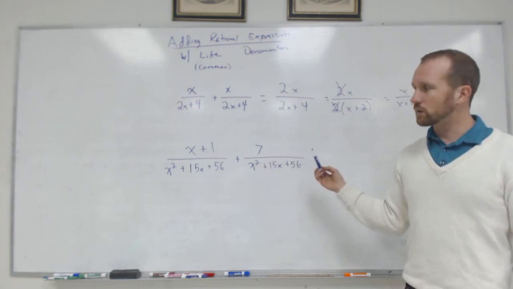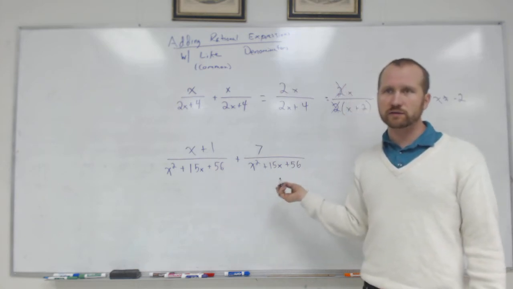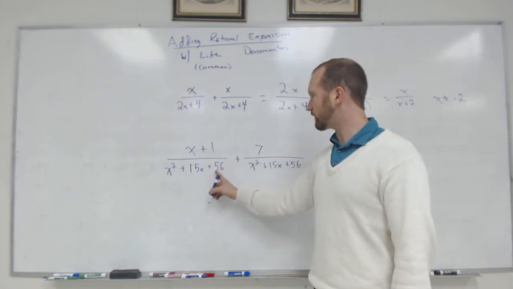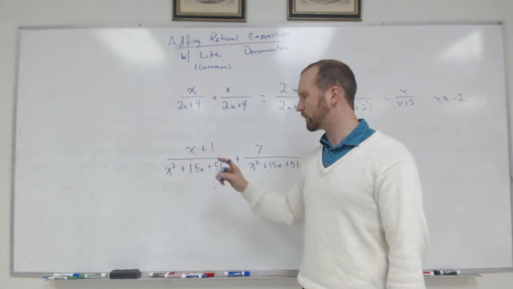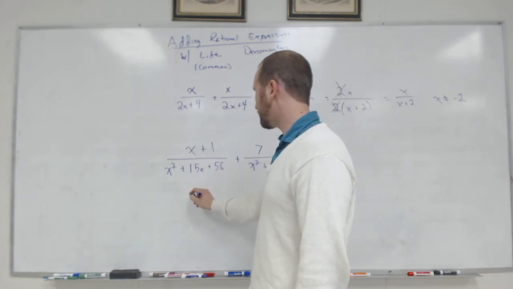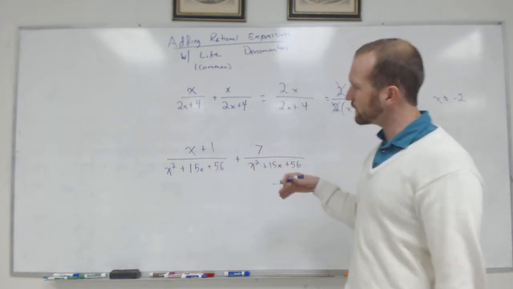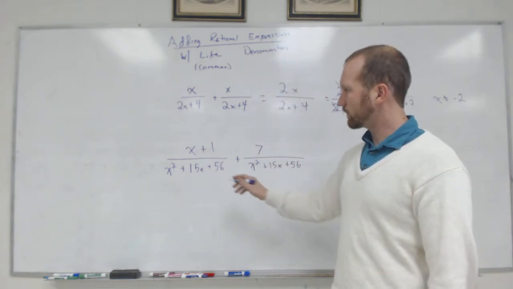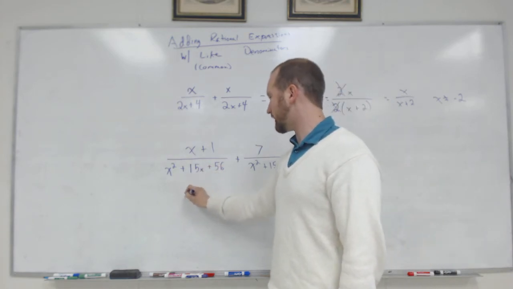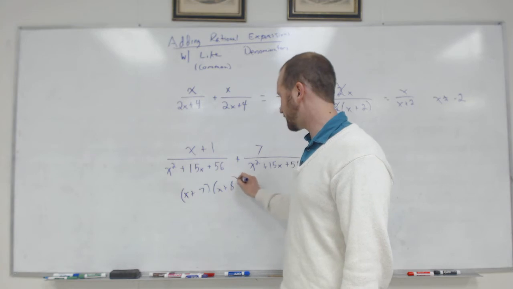Okay? So what I'm going to do is, I know it's the same thing, so I'm just going to factor it once. And I notice factors of 56 that add up to 15 are 7 and 8. So what I really have, and again, I would maybe do this as one step, I know that this denominator is x plus 7 times x plus 8.